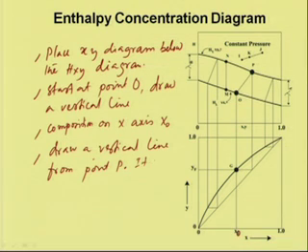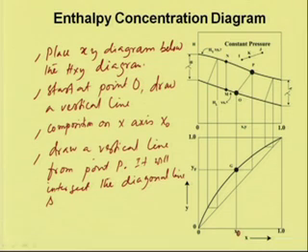It will intersect the diagonal line at point Q, and from this point draw a horizontal line.